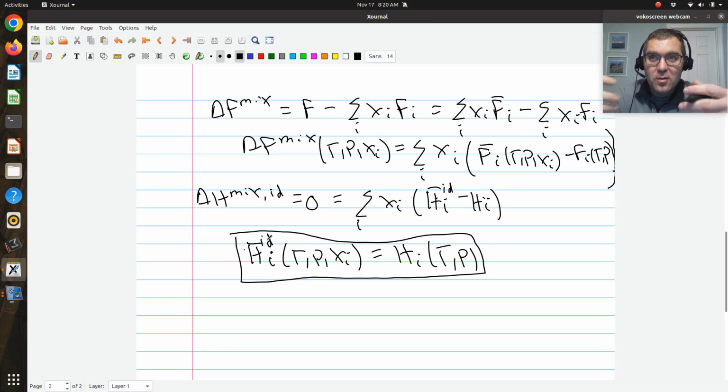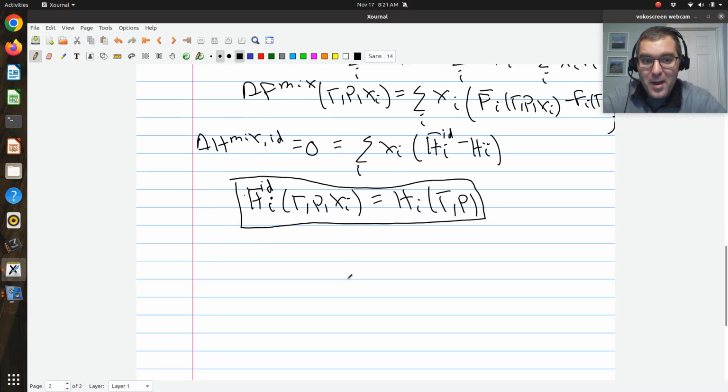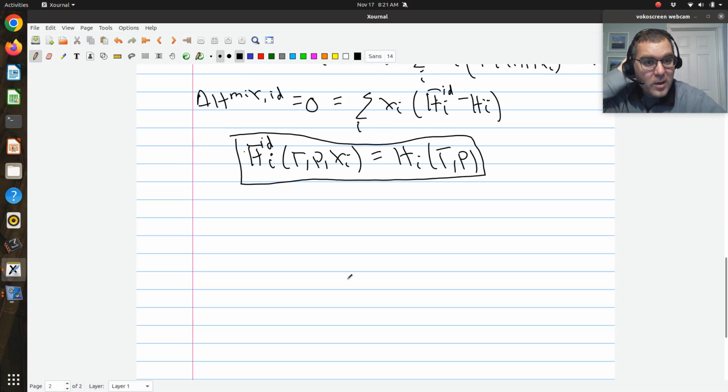And so it makes sense that the partial molar enthalpy of component i in that mixture, the effective enthalpy of component i in that mixture, is the same as its pure component value at the same temperature and pressure. I'm at the same temperature and pressure. All of my interactions with everything else are still exactly the same. Okay, I buy it.